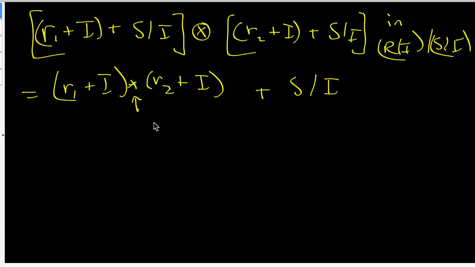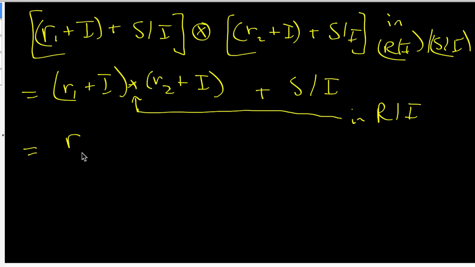Now, this particular multiplication is inside the ring R mod I. And I know how to do that. Inside R mod I, this coset times that coset is just going to be r1 times r2 plus I. But then we also still have to add the coset that we're modding out by in this quotient structure.